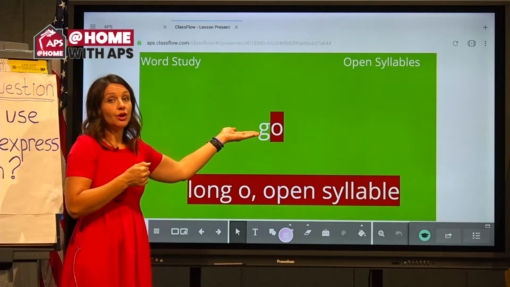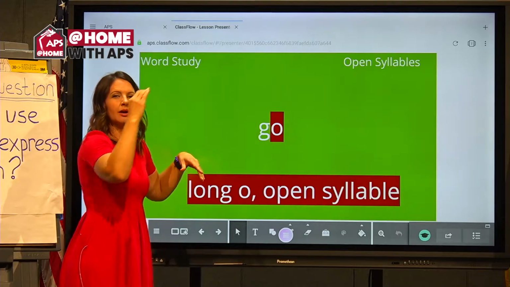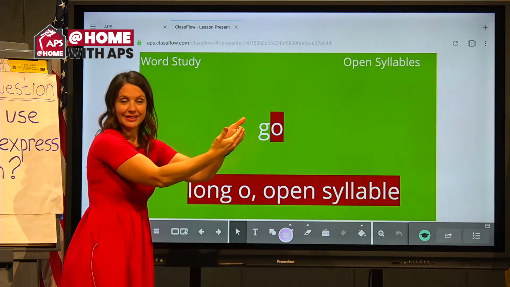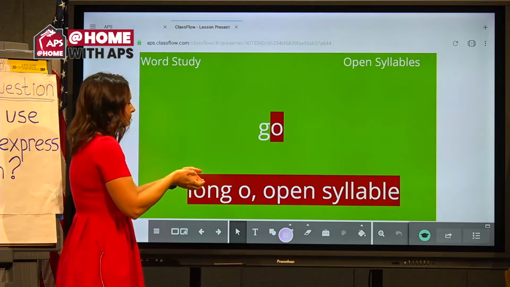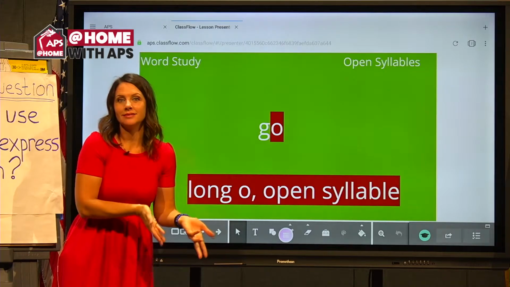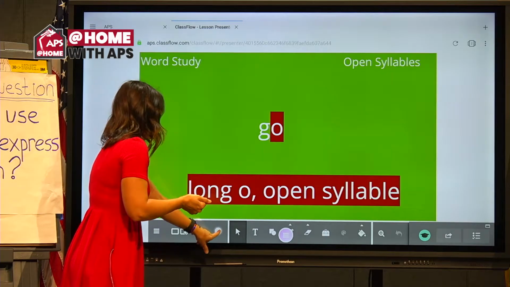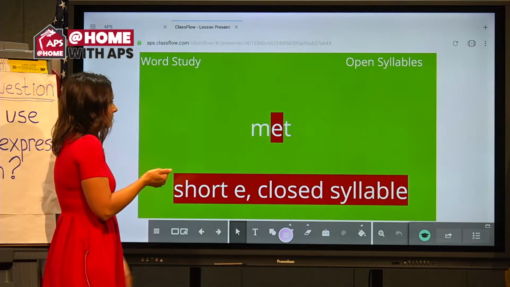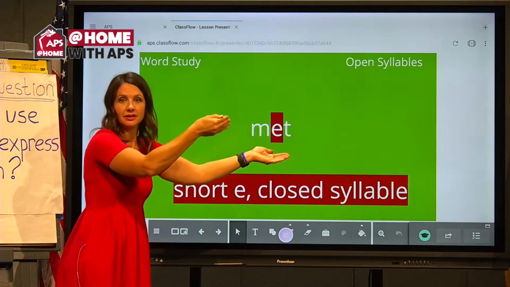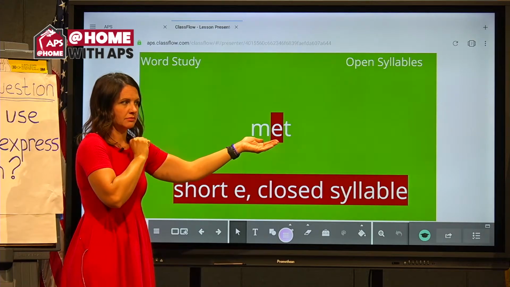The word go. G-O. There's not a consonant sound at the end of that syllable. The long O means it's an open syllable. The word met. M-et. Met.